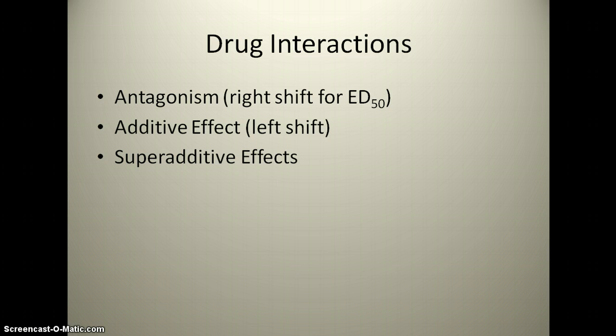So one drug can inhibit the action of another drug, so you have to increase the dose. For a left shift, that would be called an additive effect, or even a supra-additive effect. Like we've been talking about alcohol and Xanax, taken together, alcohol and Xanax have an additive effect.